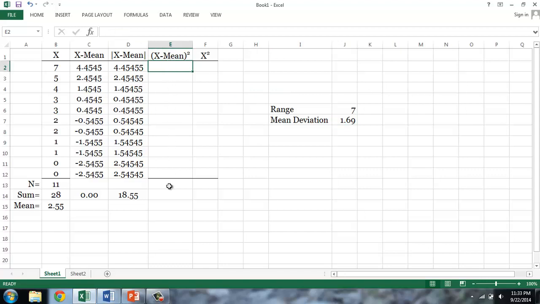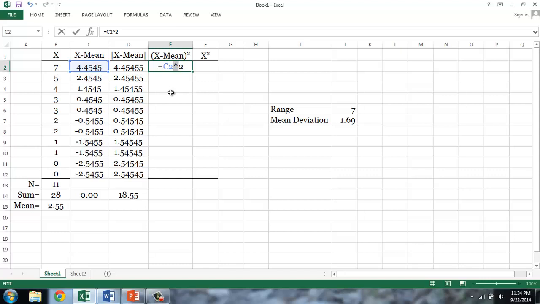I've created a column for squared deviations, and I'll enter the formula equals the deviation score squared. This character is the symbol above the 6. That is, we hold down the Shift key and press 6.